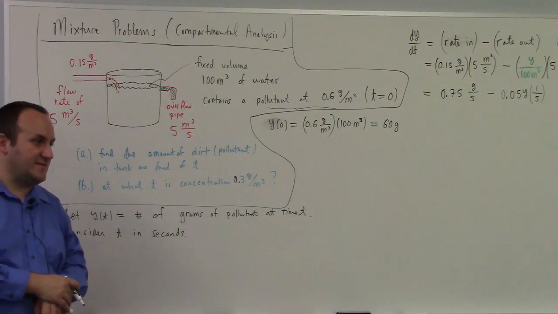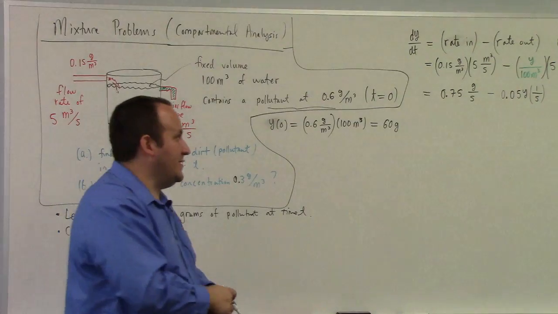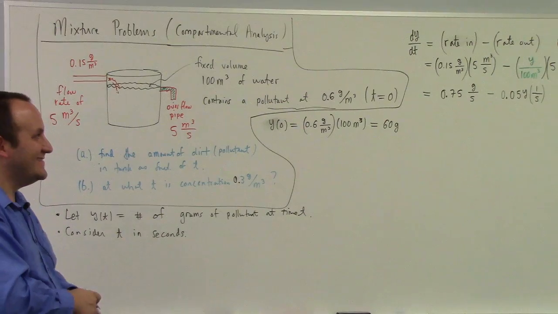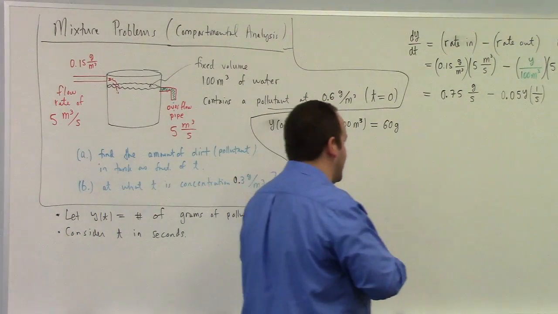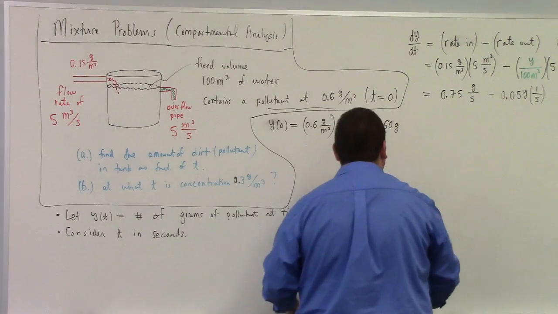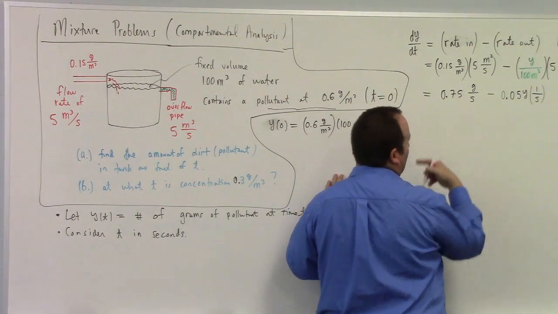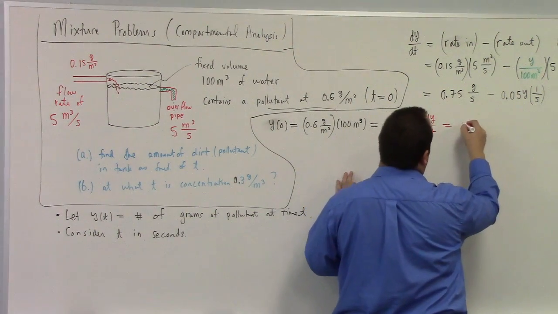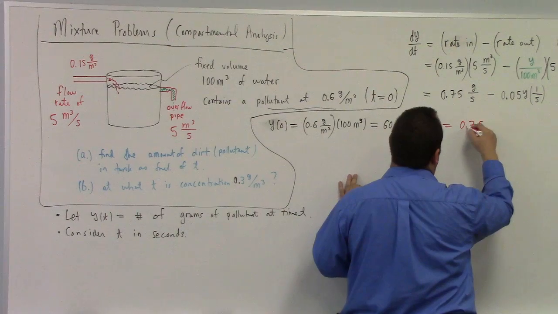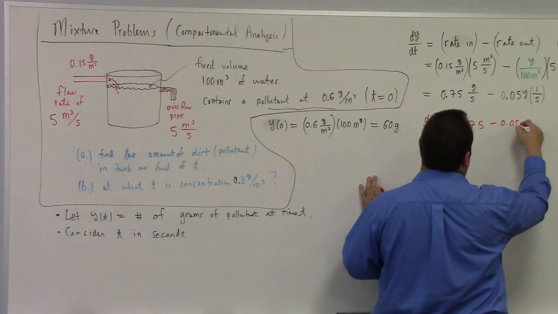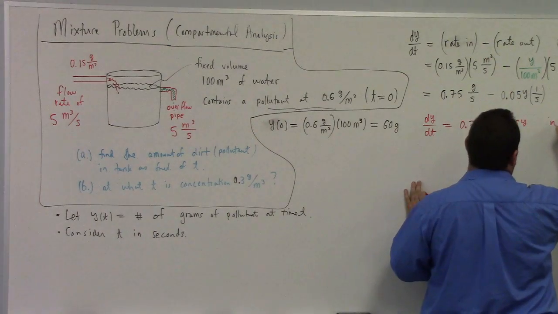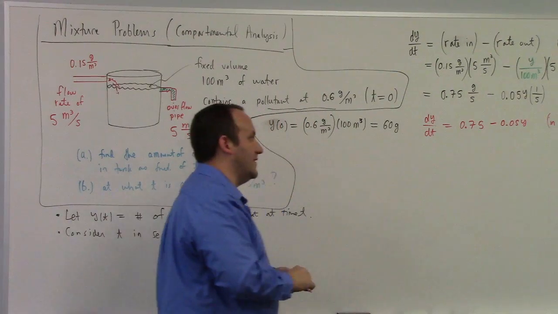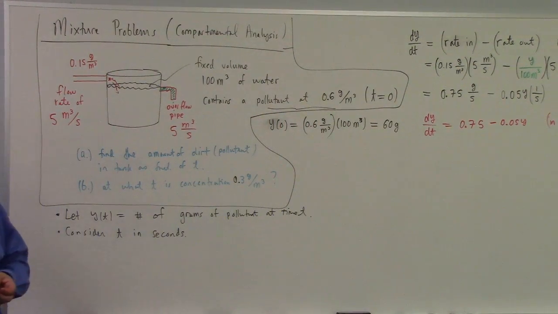It drives me nuts in physics when people write grams per second there, because that would make it grams squared per second in that term. Anyway, sorry, this is why I shouldn't teach physics. So what differential equation do we want to solve? We want to solve dy/dt equals 0.75 minus 0.05y, in grams and seconds. We omit the units when we do the math, because otherwise it gets really cluttered.